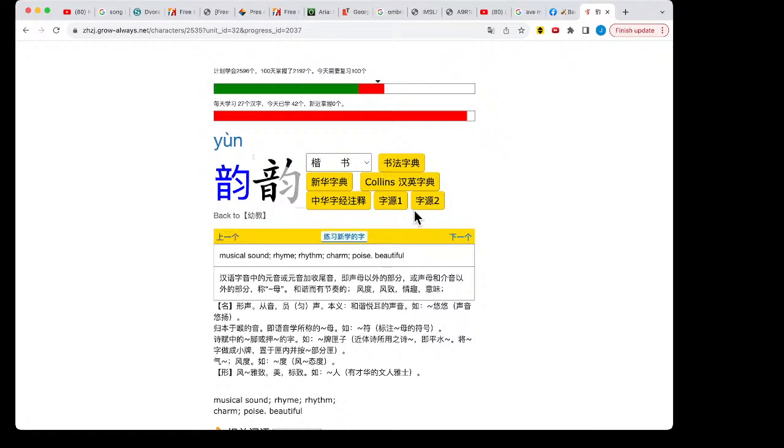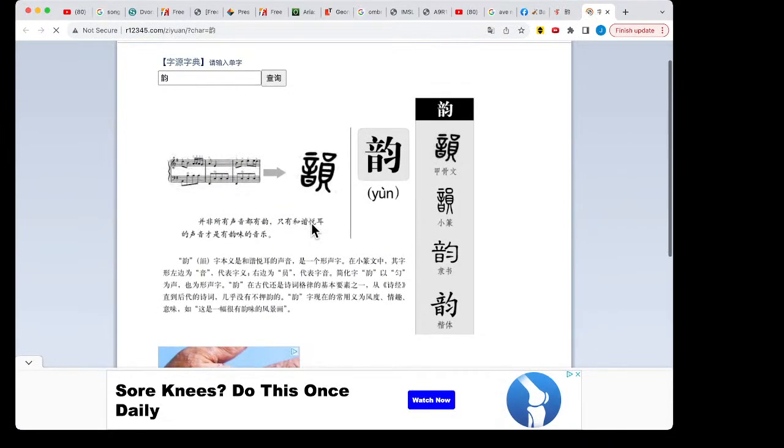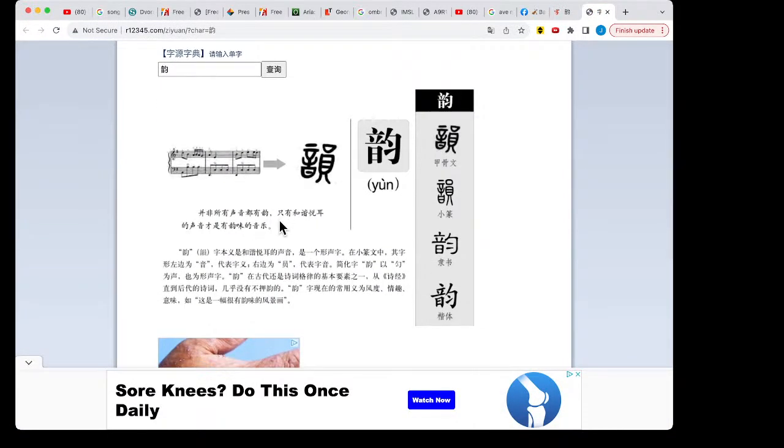So let's take a look at the character itself. On the left side is the character for 音, which means sound. The right hand side is the character for 员 in the old character, used to represent the sound.